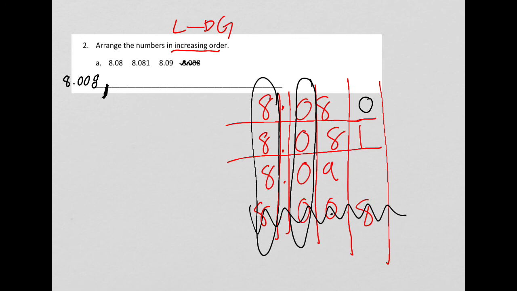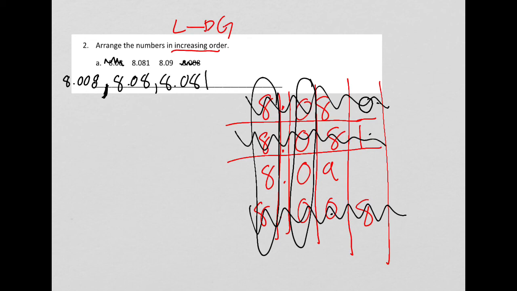Well, the 0 is smaller than the 1, so that means this one is number 2, 8.08. And then my next one is my other 8, so it was 8.081. And then that leaves my last one, my 9, 8.09. It's getting a little messy, but you can see how we use our same strategy of stacking our numbers and comparing them column by column to see which are bigger numbers.